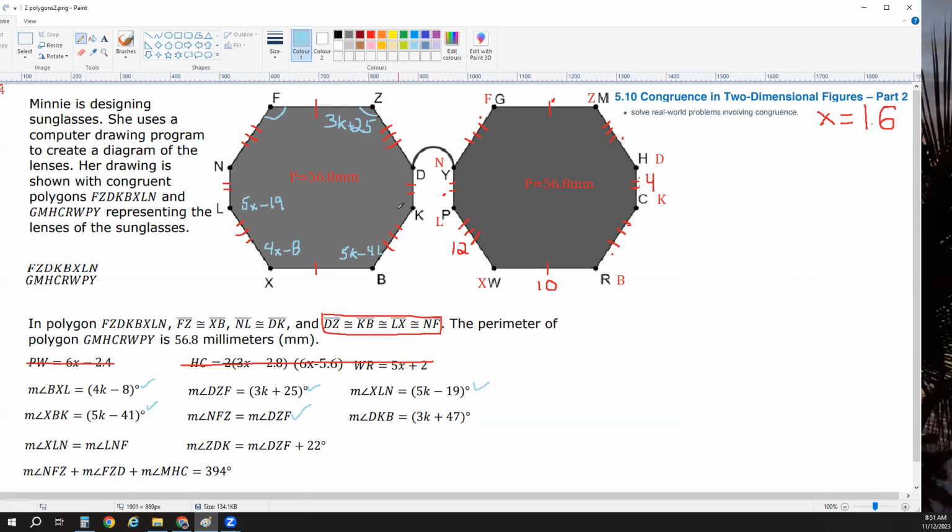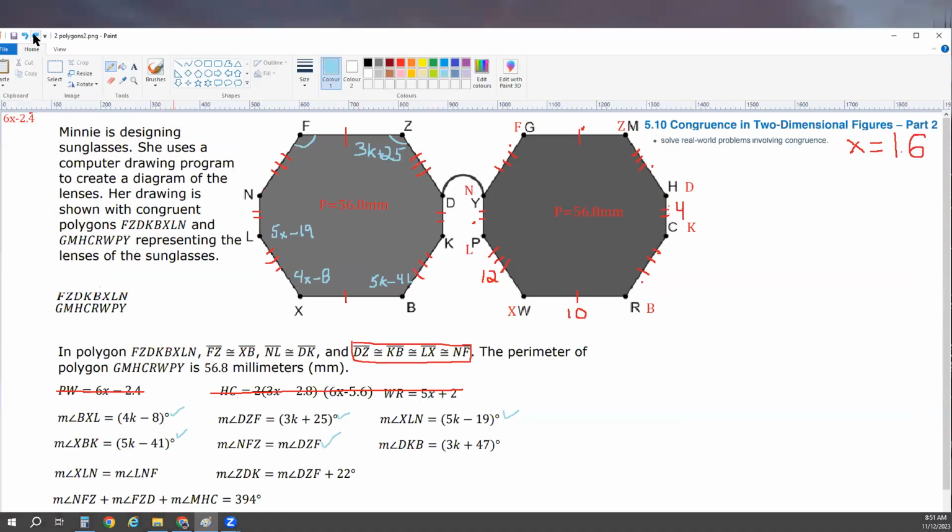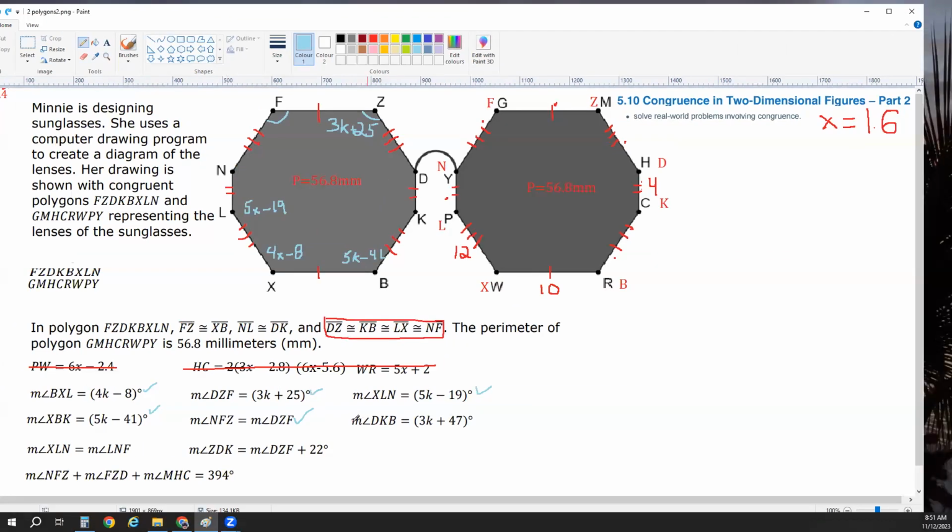This guy is 3K. Maybe move this down more. DKB is 3K plus 47. Okay.